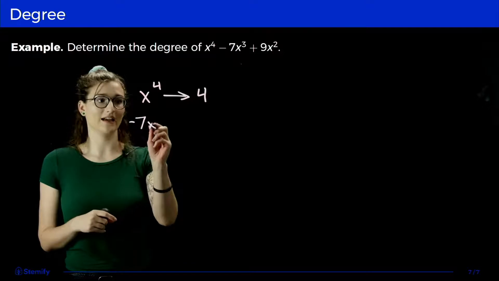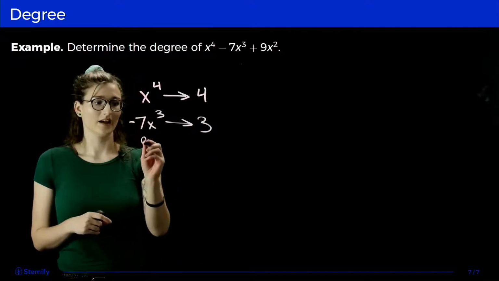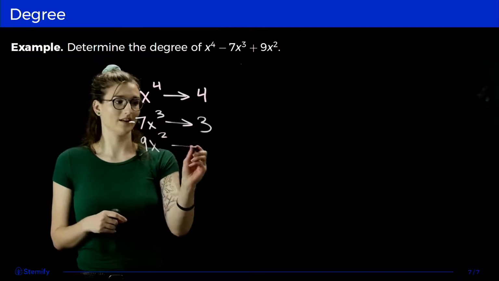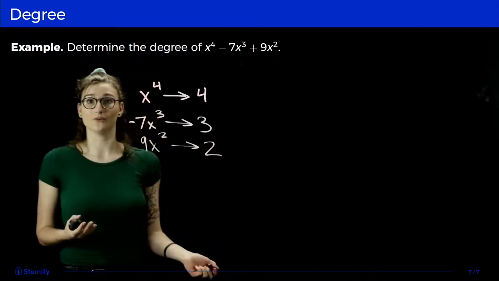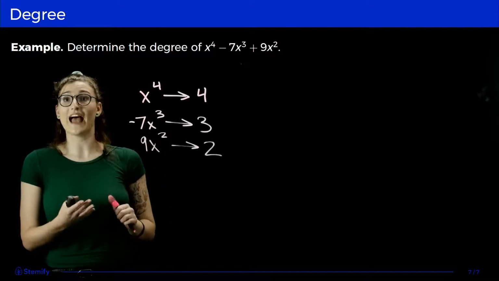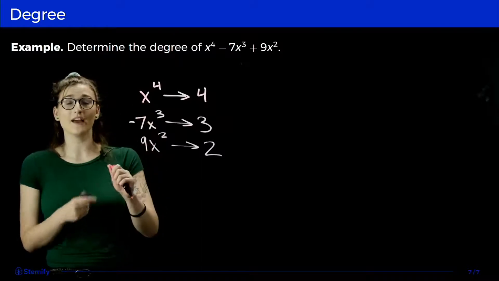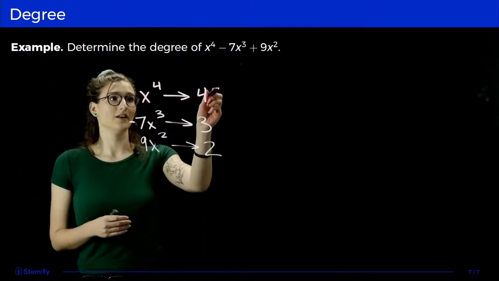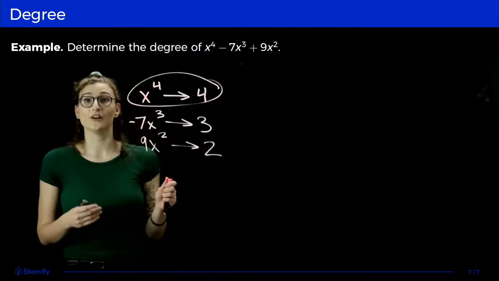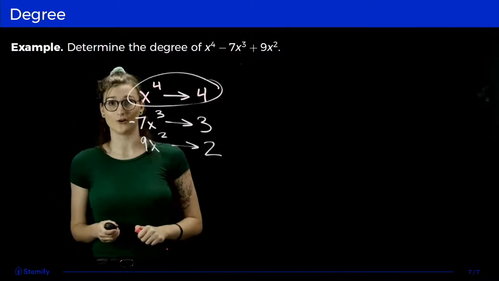Negative 7x cubed has a degree of 3. And 9x squared has a degree of 2. All right, so in this case, that's just going to be the exponent on each of these x's. So since x to the fourth has the highest exponent, this is going to be the degree of this polynomial. So this is going to be a fourth degree polynomial.